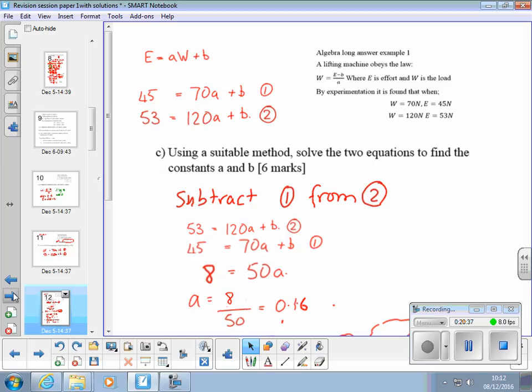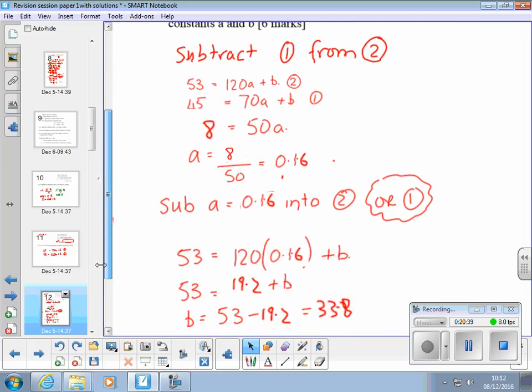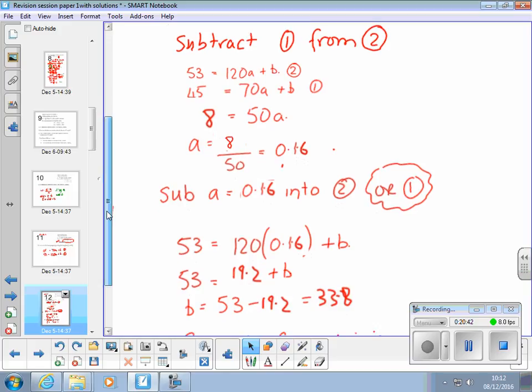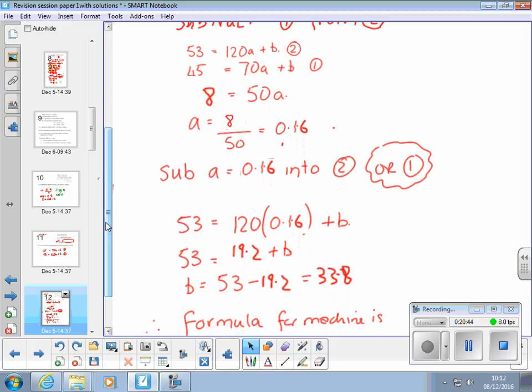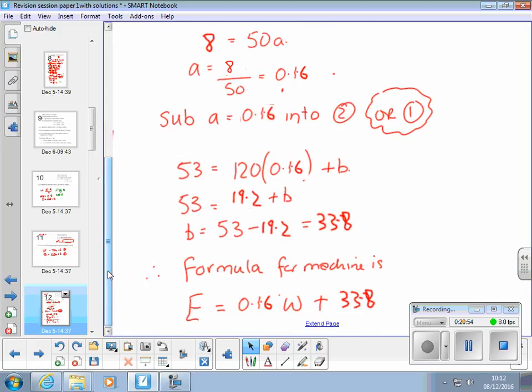Then substitute 0.16 into 1. You can put that back into either equation. Doesn't matter which one you use. Manipulate that and end up with b is equal to 33.8. So the overall formula for E is 0.16W plus 33.8. 6 marks for all of that, so 3 marks for each half.